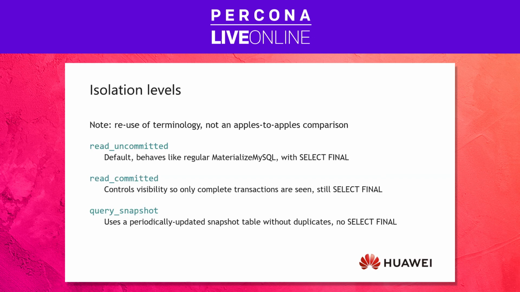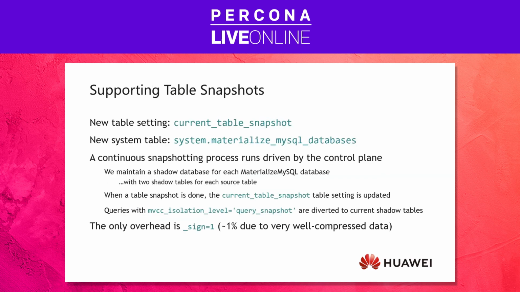And then finally, you can choose query snapshot. Then your query will be diverted to a different table where we have done the deduplication ahead of time. This means we use more space because we keep some duplicates of the table around, but that's still acceptable.